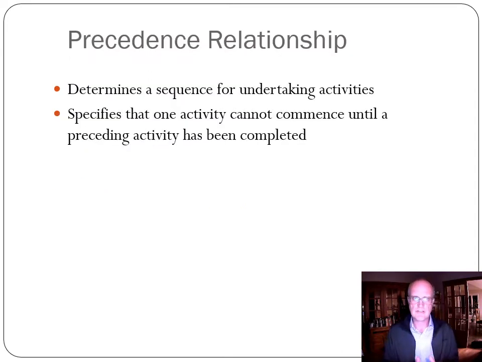So the first thing we need to understand is the concept of a precedence relationship, and the precedence relationship determines a sequence for undertaking activities. It says that one activity has to happen before another activity can start, and it is important to understand that. We can't just throw all the activities in a bag, well, we can if there are no precedence relationships, but we can't just pull them out and do them however we want.